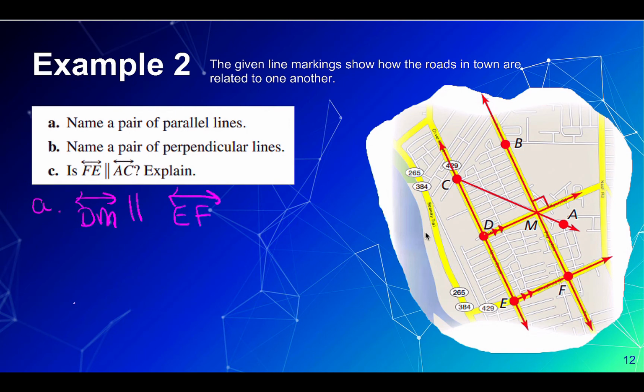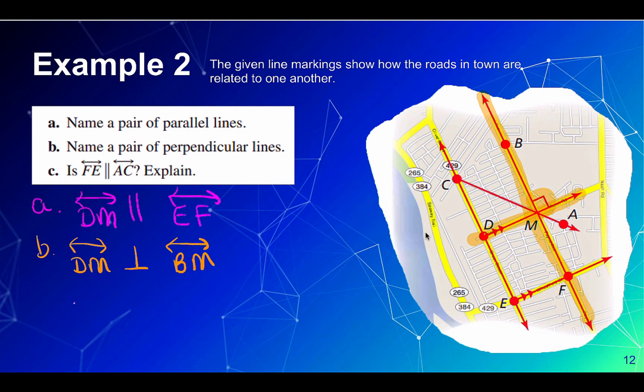B says, name a pair of perpendicular lines. Here's my right angle, so I can say that DM is perpendicular to BM. So for B, line DM is perpendicular to line BM.